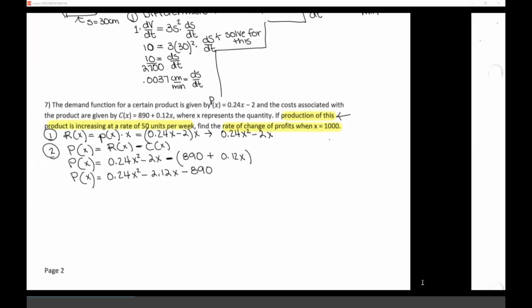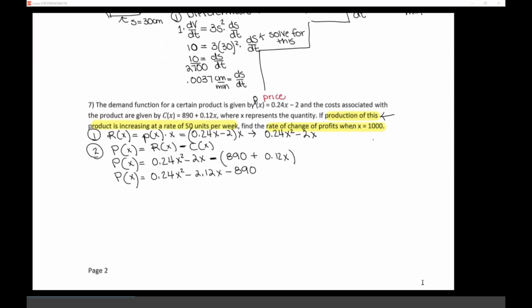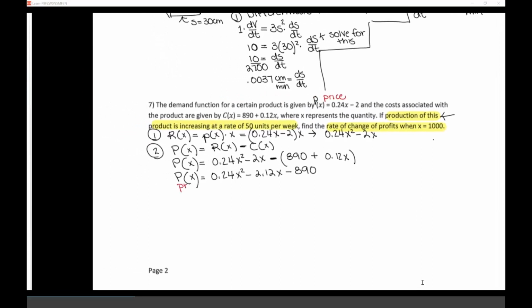Okay, I have an R of x, a P of x. What's production? Okay, well, this P here is price. So let me do some notation. This is price. This one is profit. This one's revenue. And we already had cost over here.